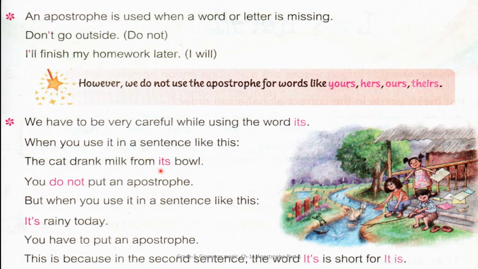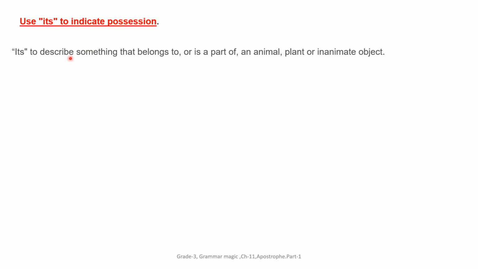And here, children, it is not a short form of it is, but it belongs to someone. We use its to indicate possession, meaning something belongs to someone. Its describes something that belongs to or is a part of an animal, plant or inanimate object.